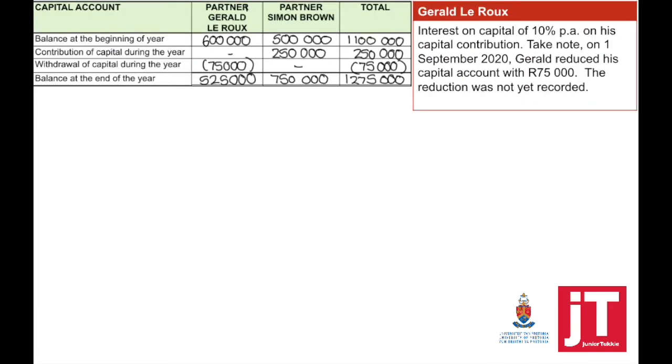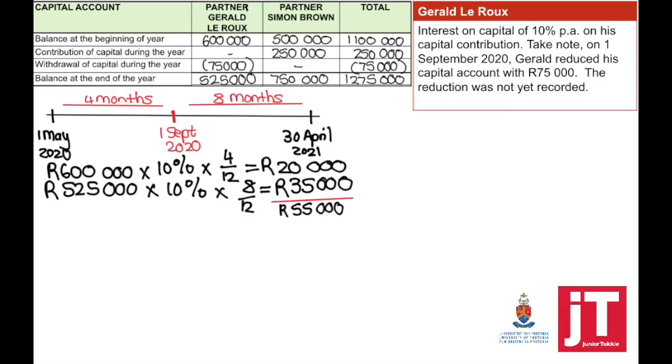To calculate the interest on capital, we need to look at the capital account. Interest for Gerald is calculated at 10% per annum. On the 1st of September 2020, he reduced his capital. This was recorded. So what is important to know is the dates. From the 1st of May until the 1st of September is equal to 4 months.